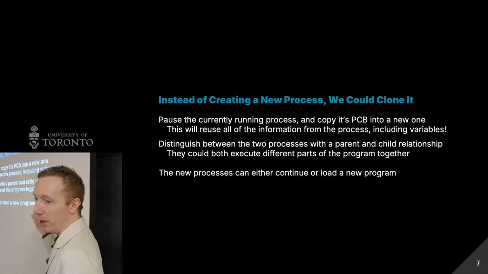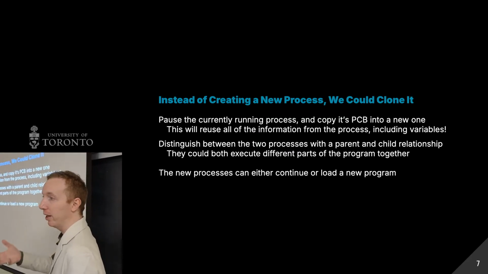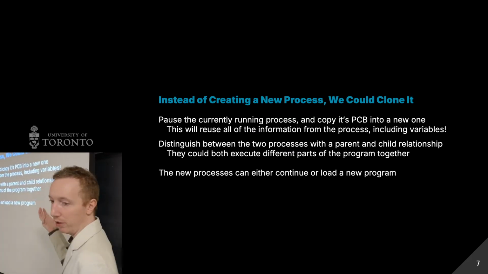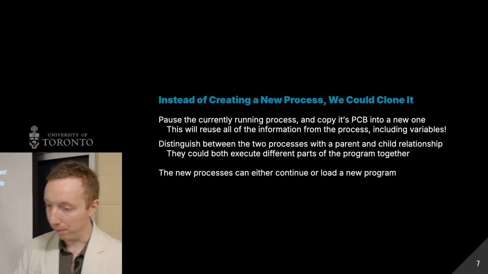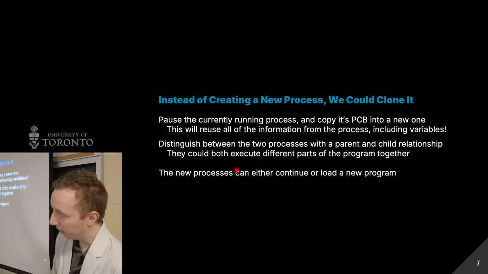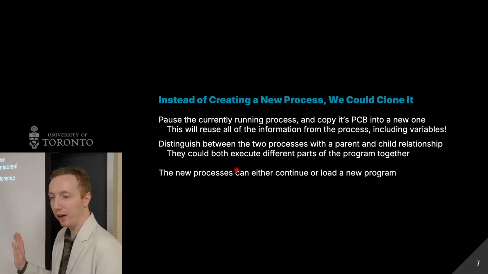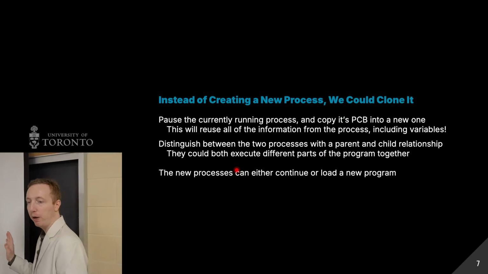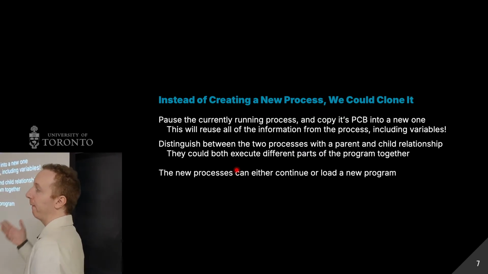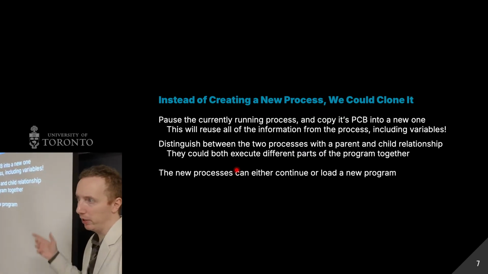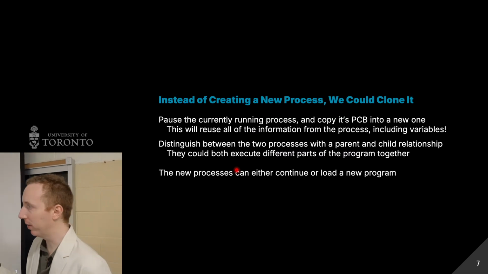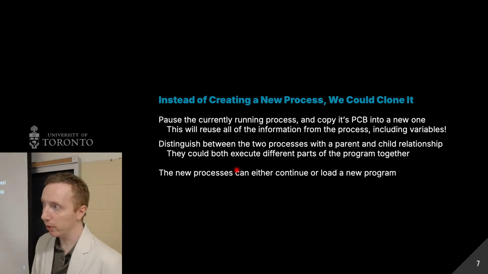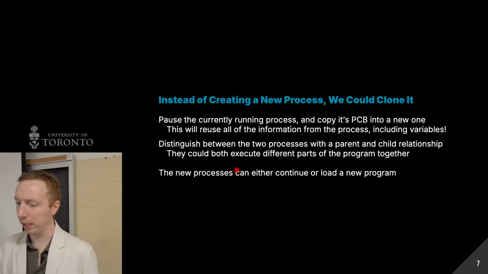So the one who created it is the parent, and the newly created process is called the child. So after that point, there are two separate processes that operate independently, and they can both execute different parts of the program together, maybe in parallel, maybe concurrently, which might mean the same thing to you right now, but as we go on, we will distinguish what they mean.